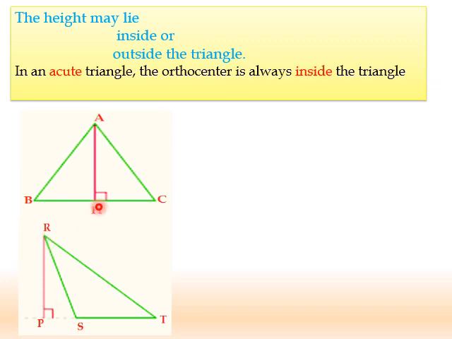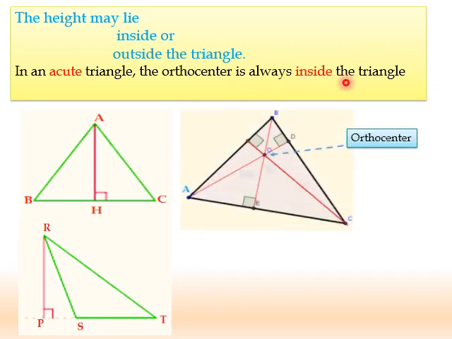In an acute triangle, the orthocenter is always inside the triangle, while in an obtuse triangle, it's found outside the triangle. Let's talk about it again. Here we have a triangle ABC, and as we said before, the height should be perpendicular, drawn from a vertex to the opposite side.